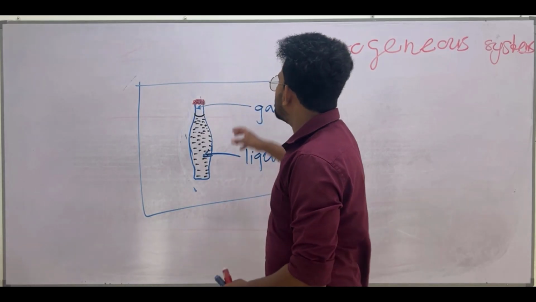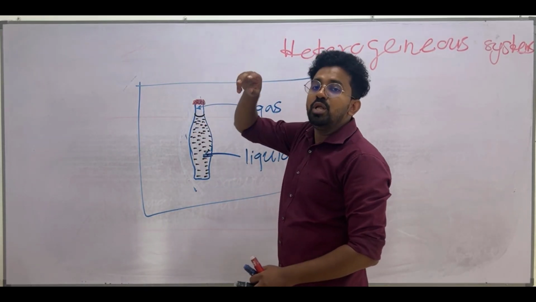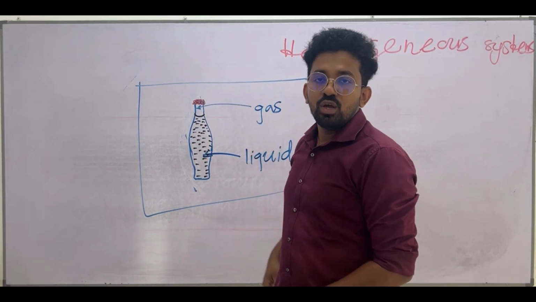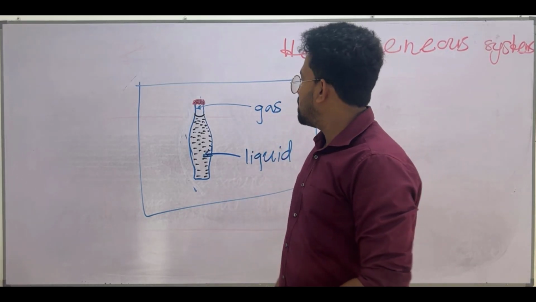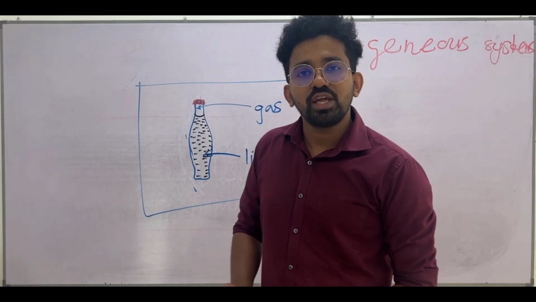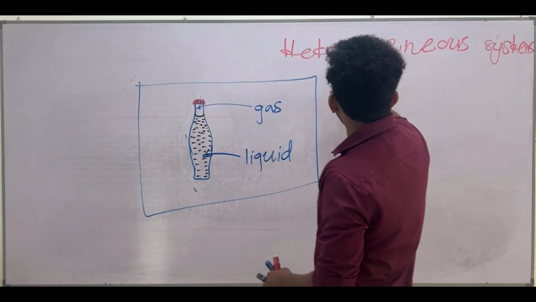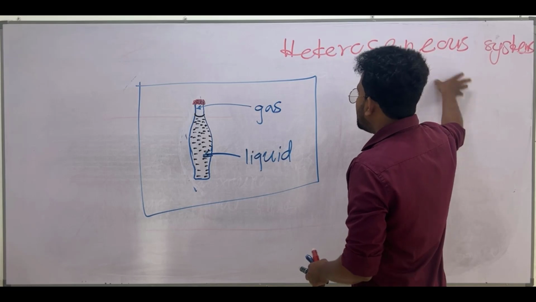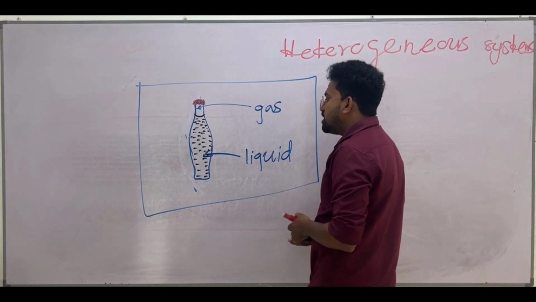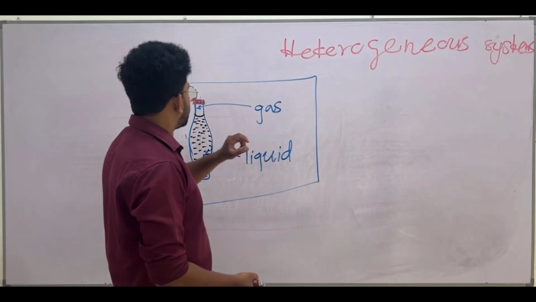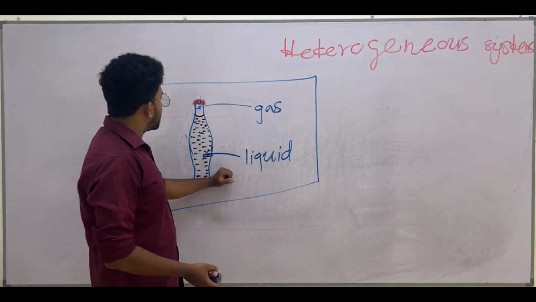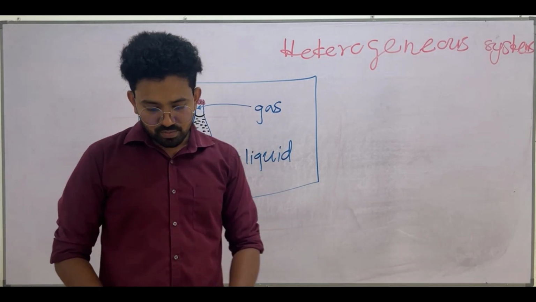It means the things inside the system belong to two physical phases, liquid phase and gas phase. It's like two different physical states. We call it a heterogeneous system. Hetero means different: different physical phases, gas and liquid.